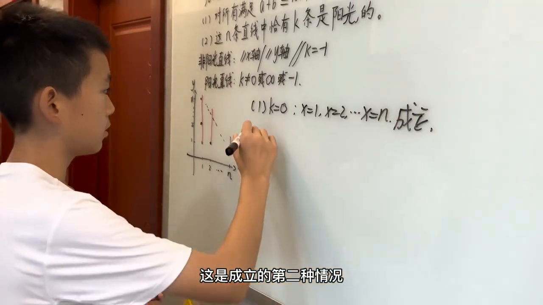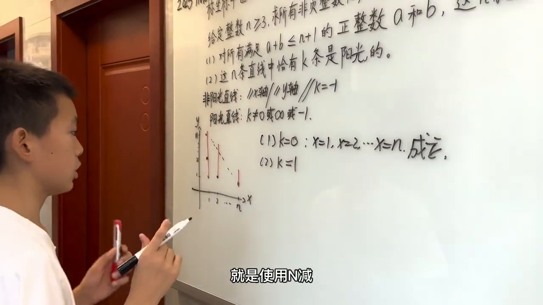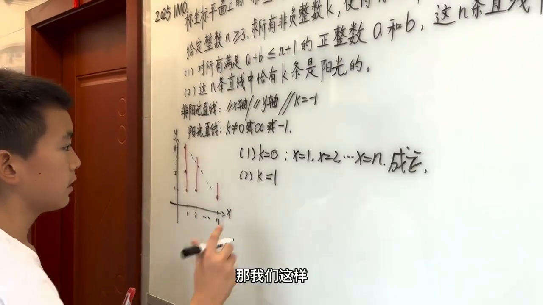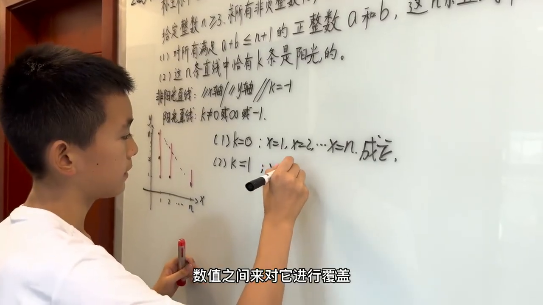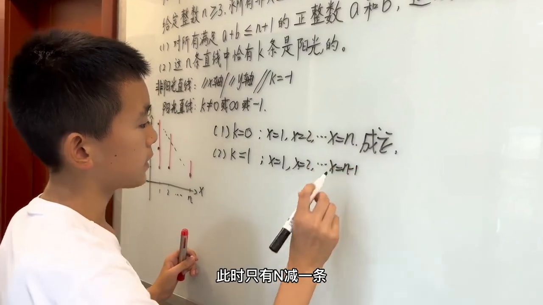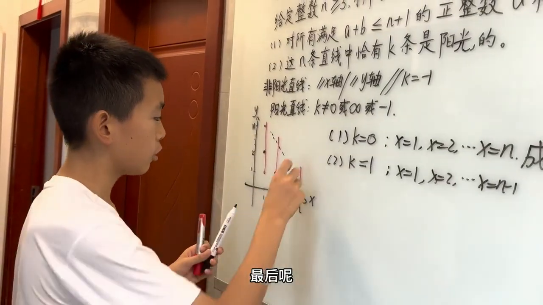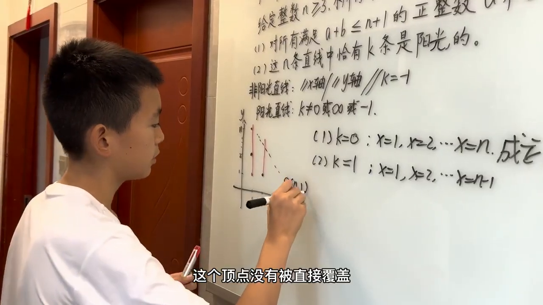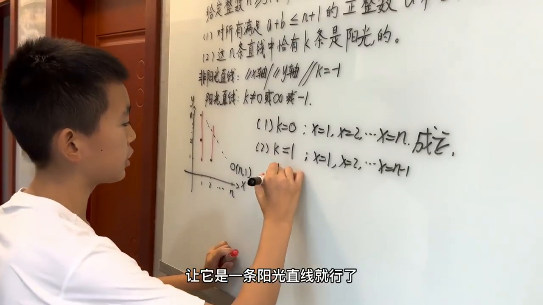In the second case, k equals 1, we use n minus 1 non-sunny lines and one sunny line. We still use vertical lines to cover first, but only n minus 1 of them. In this case, we have covered all the previous points, and finally there is still one point, (n, 1), not covered by a line.